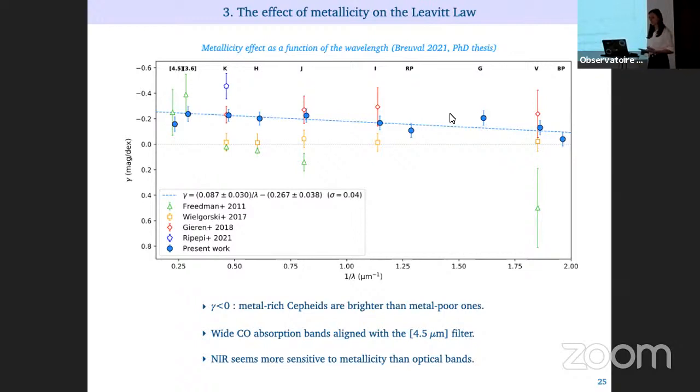So I did not work on these stars at all. But I think it's more complicated to calibrate these relations because the metallicity is very poor. So I think there are more effects to be taken into account.